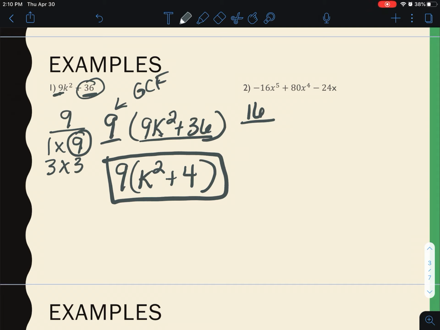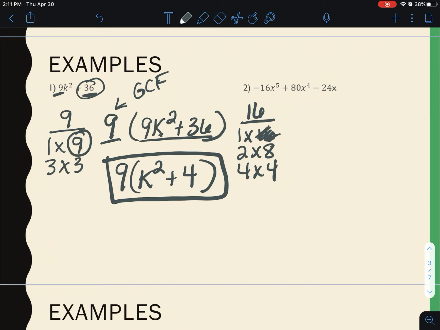So factors for 16 would be 1 times 16, 2 times 8, 4 times 4. So then I'm going to start with my biggest number, okay? I know that 16 is not a factor pair for 24. So I know that 16 can't work.